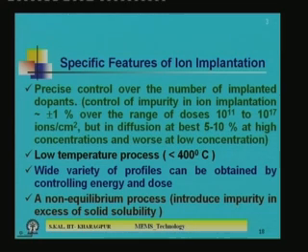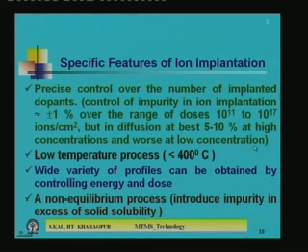You can get precise control over the number of implanted dopants. The control of impurity in ion implantation is of the order of plus minus 1% over the range of doses 10 to the power 10 to 10 to the power 17 ions per centimeter square, but in diffusion at best 5 to 10% at high concentration, and worse at low concentration, is achieved.